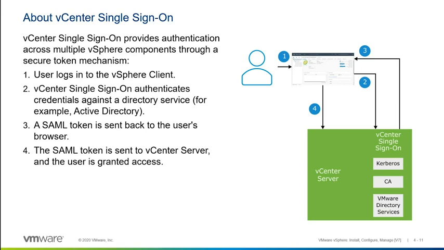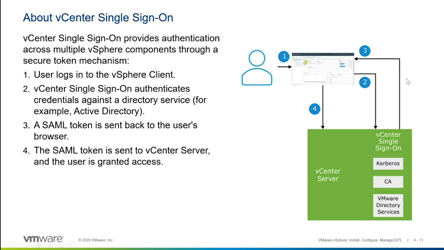So that when a user that's a member of this Active Directory group that I choose logs in, okay, those credentials will be sent off to the vCenter server, okay? vCenter server will pass them over to Active Directory.